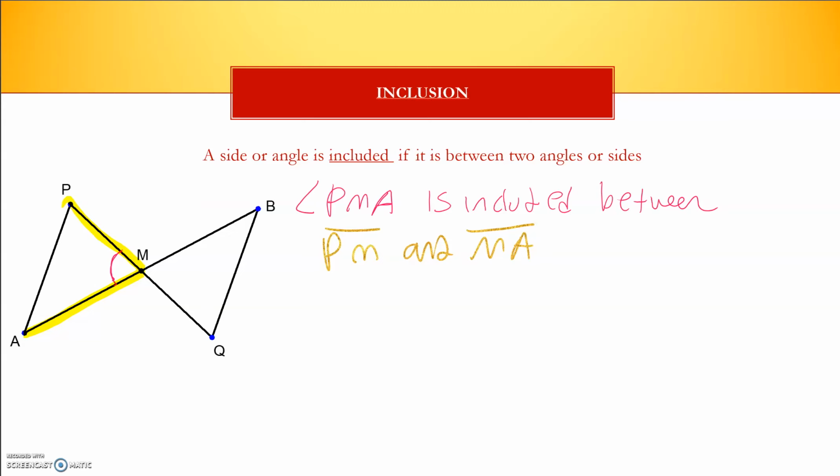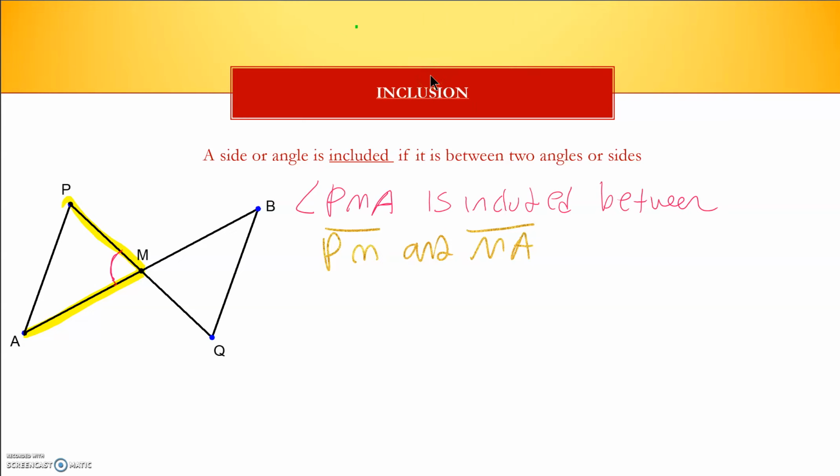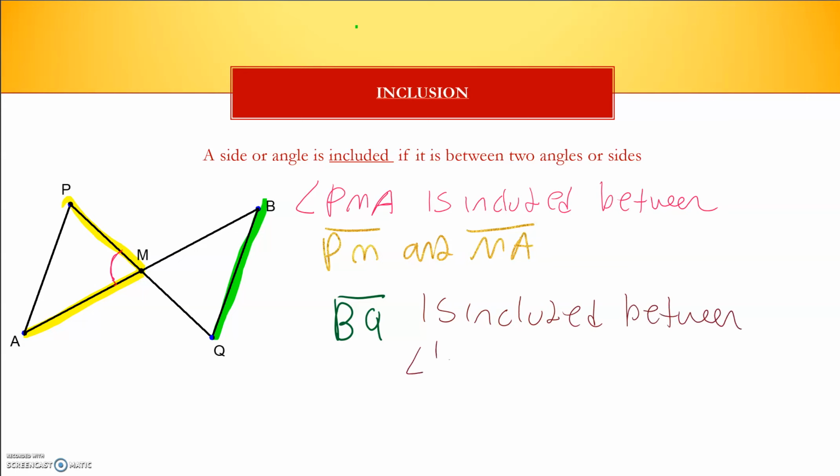So it is included. For an example with a side, I can say that BQ is included between angles B and Q. See there how, once again, side BQ is sandwiched between, it connects angles B and Q. It is an included side.